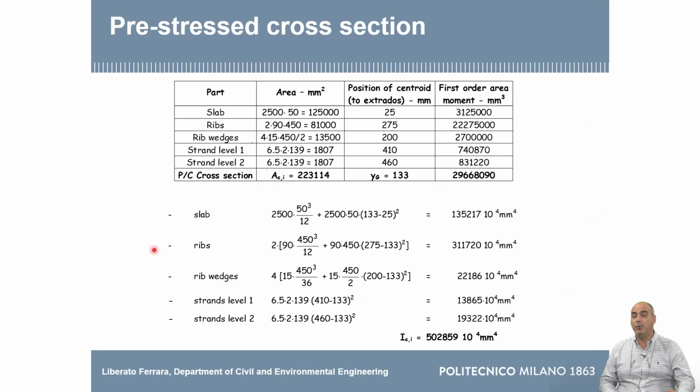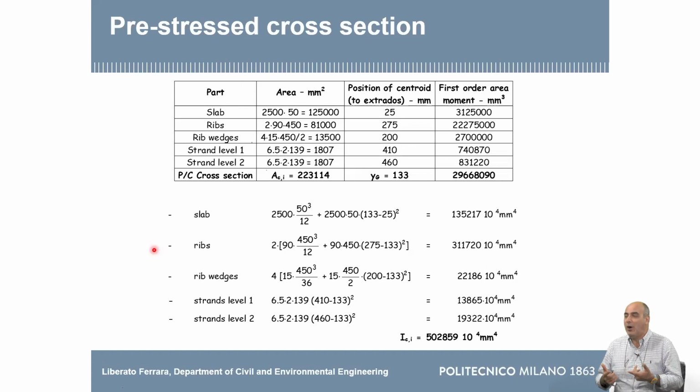Well, now what do we have to do? It's a little bit tedious, but we have to do that. As a matter of fact, when we made our calculations before, we only considered the concrete cross-section. But in this specific case, when you release the pre-stressing, your pre-stressing will be a reinforcement.